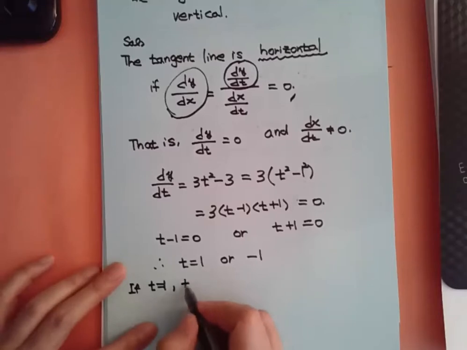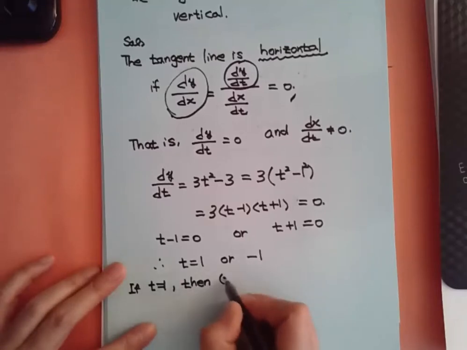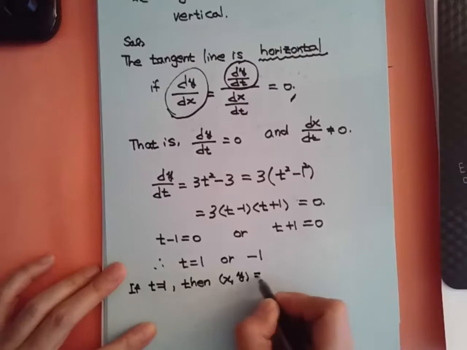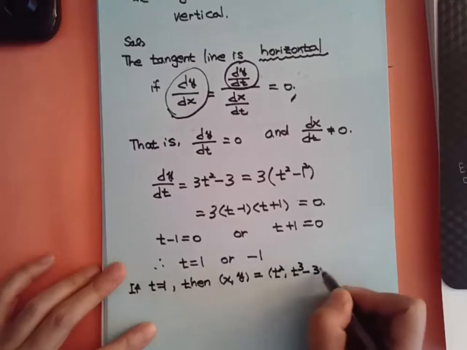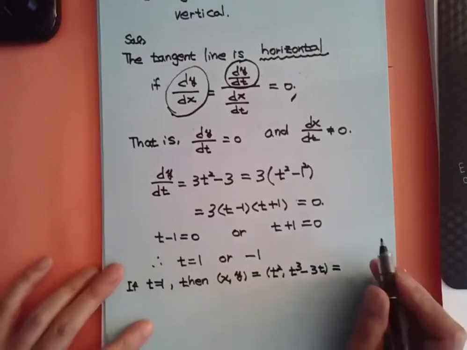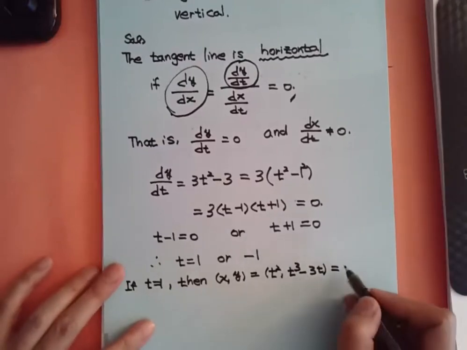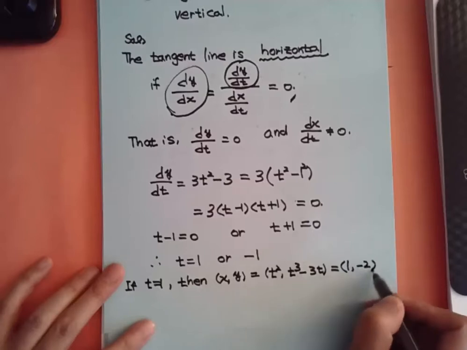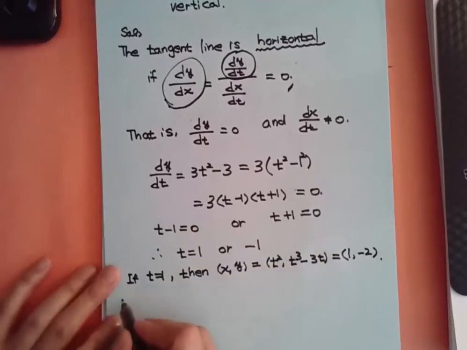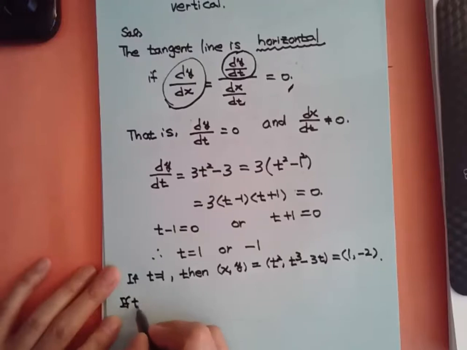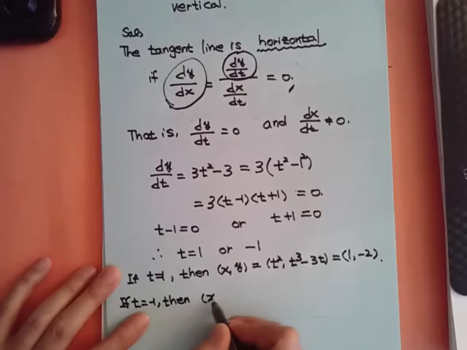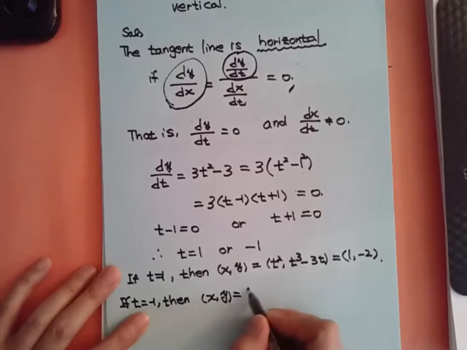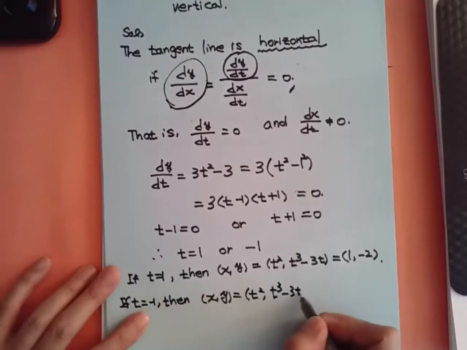If t equals 1, then x and y coordinates are defined as t squared and t cubed minus 3t. So when you plug that in, it'll be 1 and -2, right? And if t equals -1, then coordinate xy equals t squared and t cubed minus 3t.